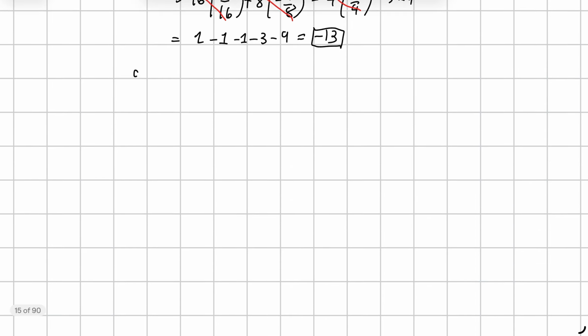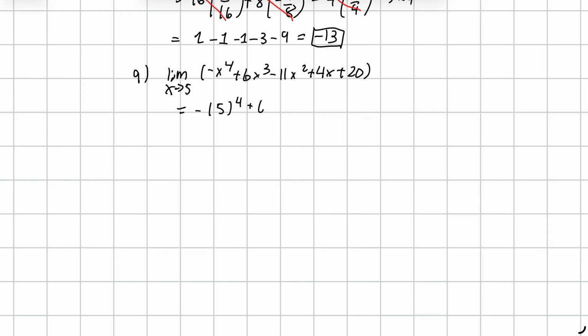Let's do another example. We have the limit as x approaches 5 of negative x to the power of 4 plus 6x to the power of 3 minus 11x squared plus 4x plus 20. And we are going to get negative 5 to the power of 4 plus 6 times 5 to the power of 3 minus 11 times 5 squared plus 4 times 5 plus 20.